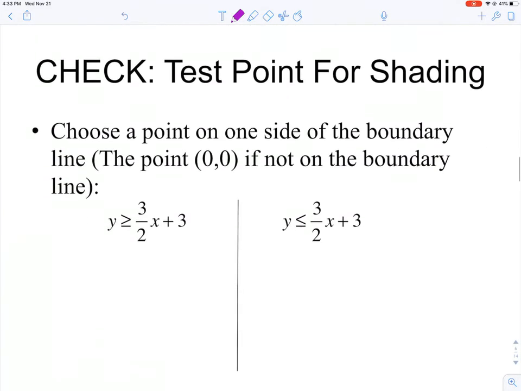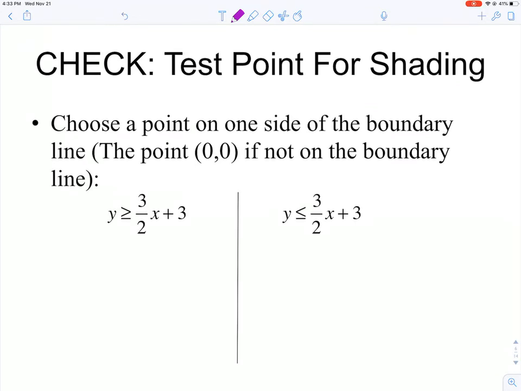You can always double check using a test point. It depends on what your goal is. You can choose a test point that is in the shaded region. Usually (0, 0), the origin, is the easiest test point to pick as long as it's not on the boundary line.